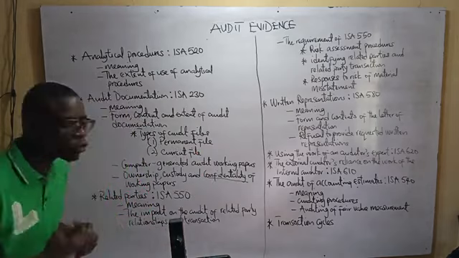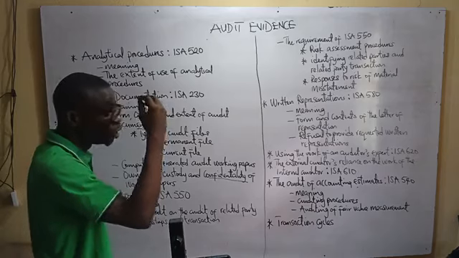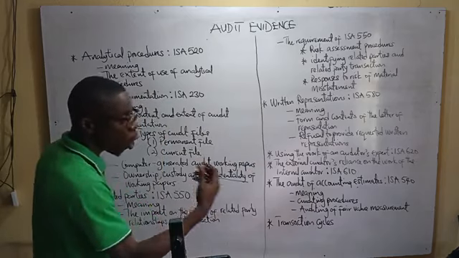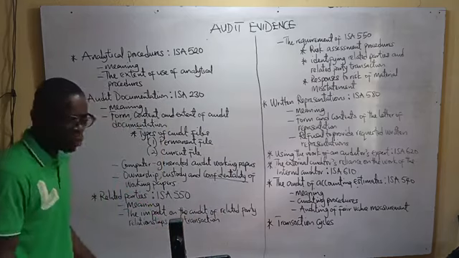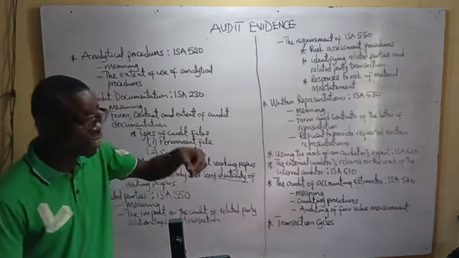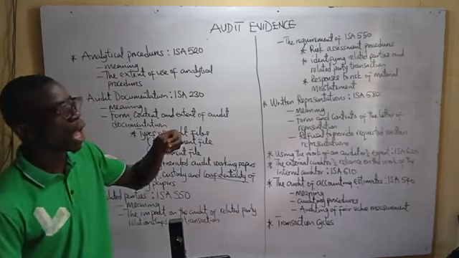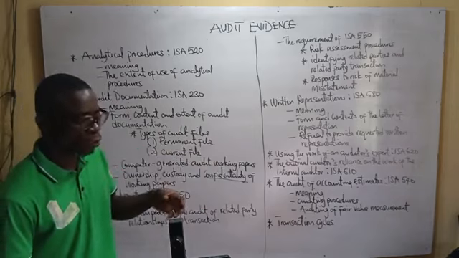Because if the auditor does not have an understanding of the related party transaction or relationship, it will not be able to perform an audit or to detect material misstatement of this related party transaction.